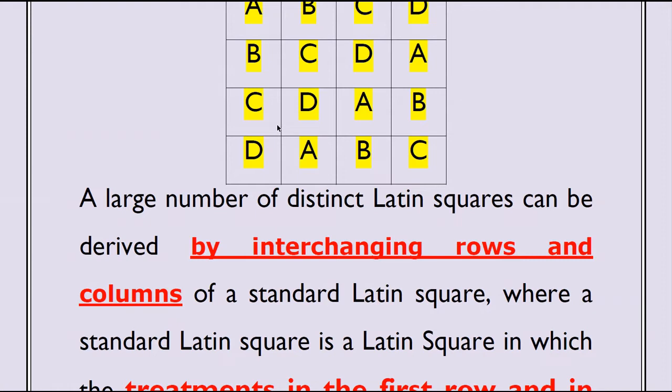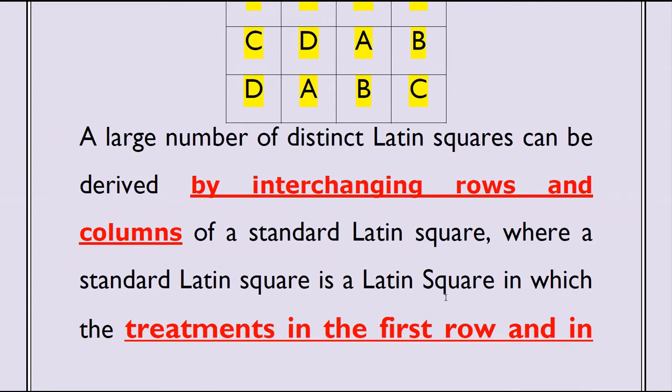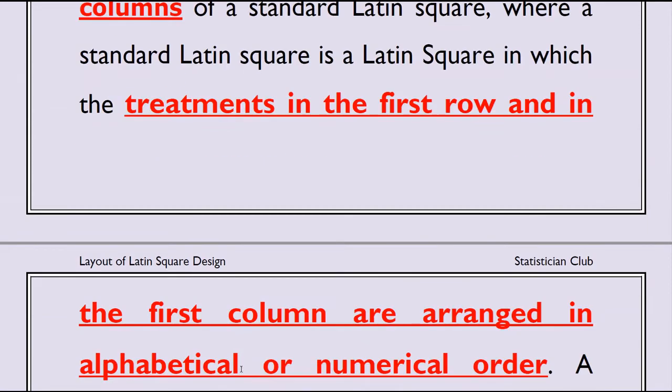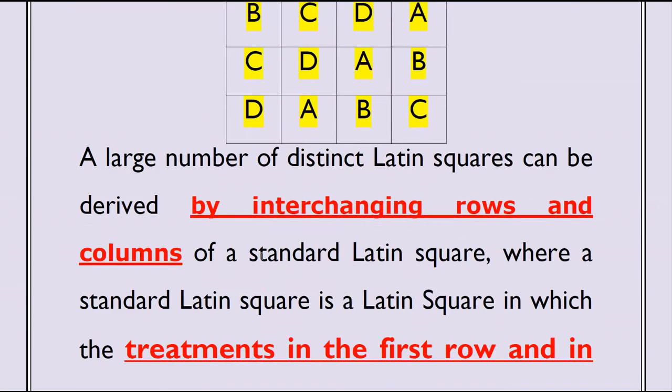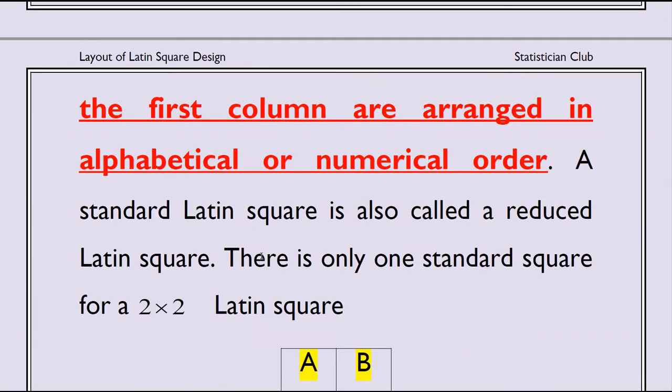So by interchanging its rows and columns, we can generate other Latin square designs. A standard Latin square is a Latin square in which the treatments in the first row and first column are arranged in alphabetic order. This is the condition for a standard Latin square design.